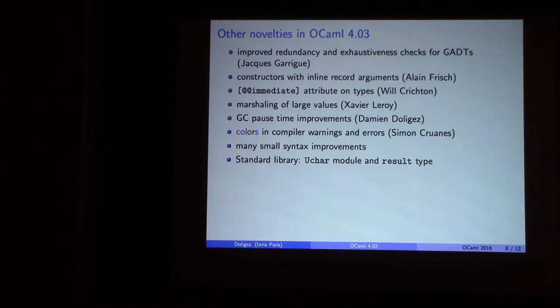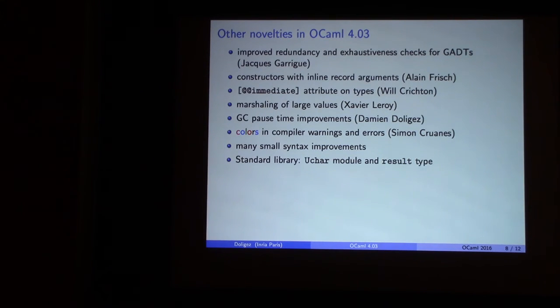In fact, this is used, I'm not sure if it's in 4.03 or 4.04, to optimize queues and another module of the standard library while removing uses of obj in those modules. So it helps you write efficient data structures.